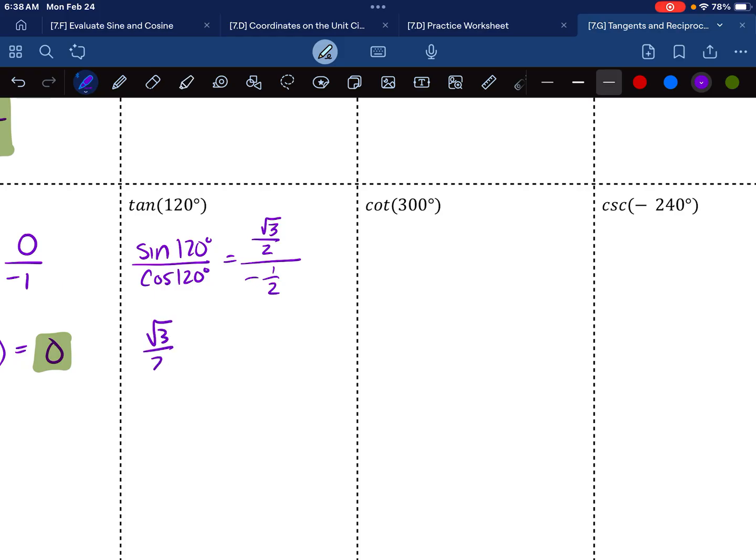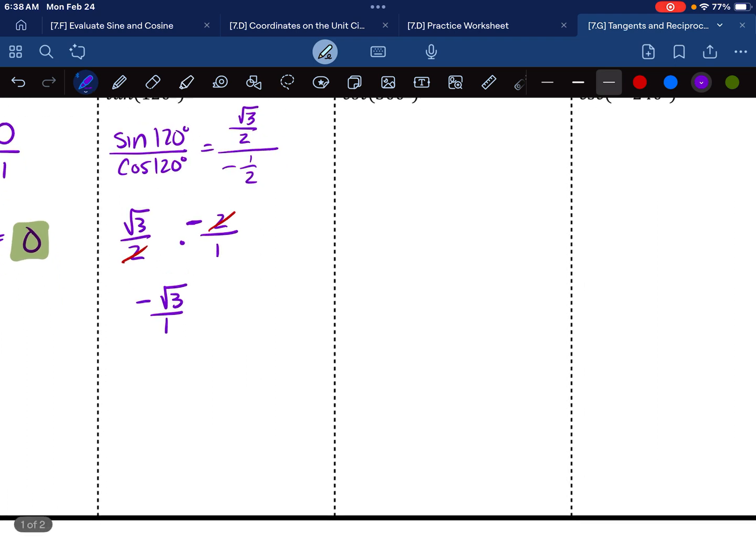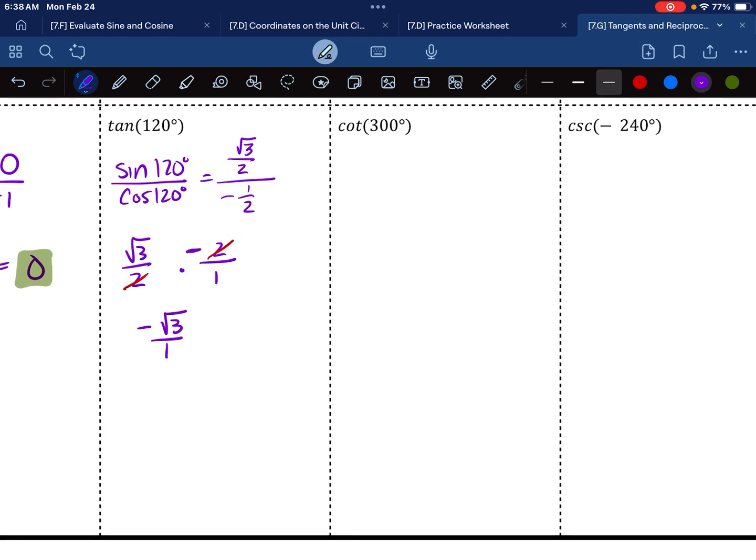So I'm going to copy dot flip that. Don't lose your negative sign. The 2's here cancel each other out, right? So this turns into negative root 3 over 1, which is just negative root 3. So I'm going to say the tangent of 120 degrees equals negative root 3.